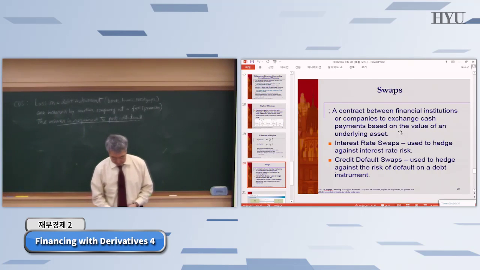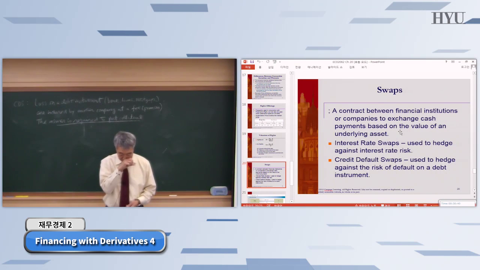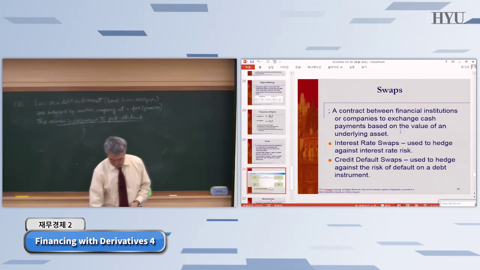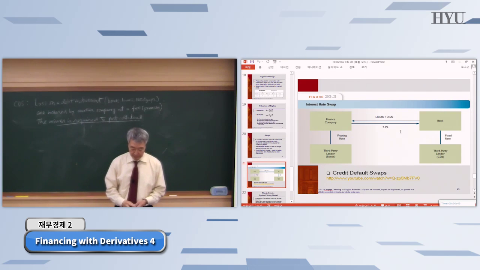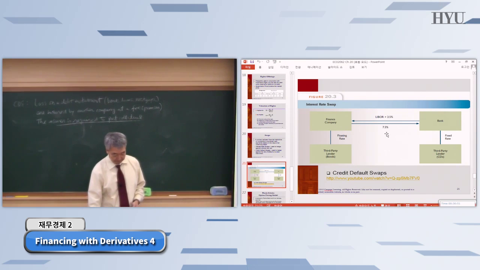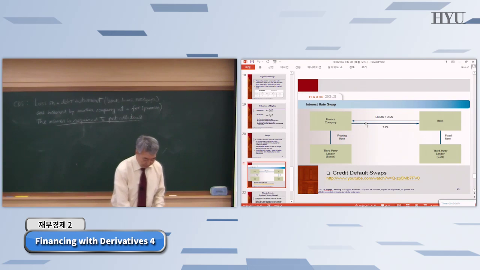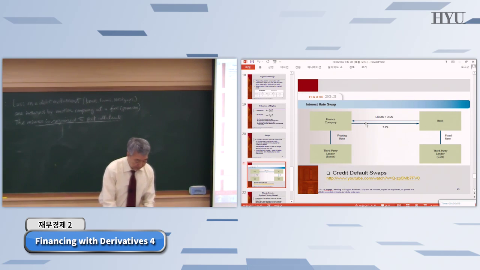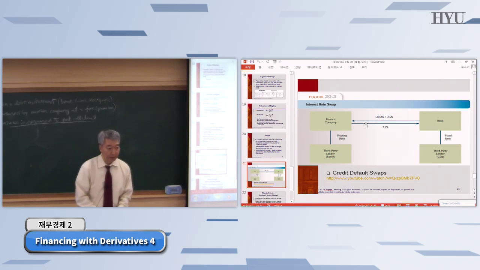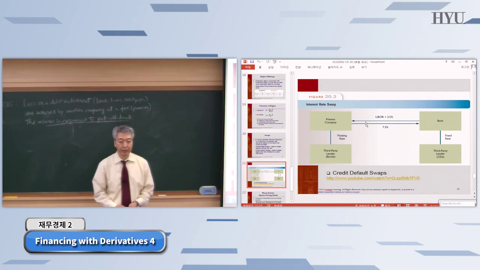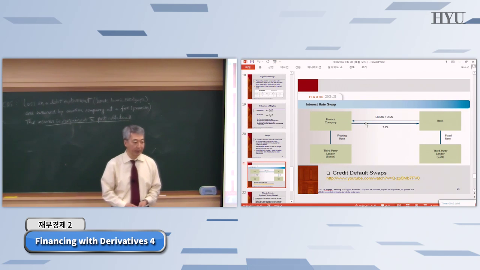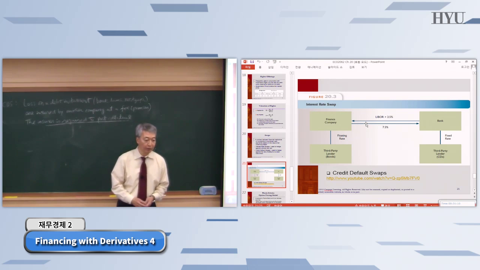Interest rate swap is used to hedge against interest rate risk. Okay? And the textbook gives a very simple, very good example. Okay? And here's a finance company, say, Hyundai Capital. Right? I'm sure Hyundai Capital started as a finance company for Hyundai automobiles.